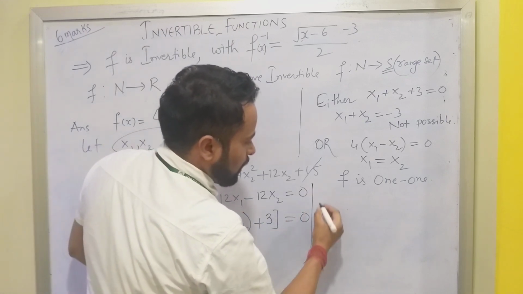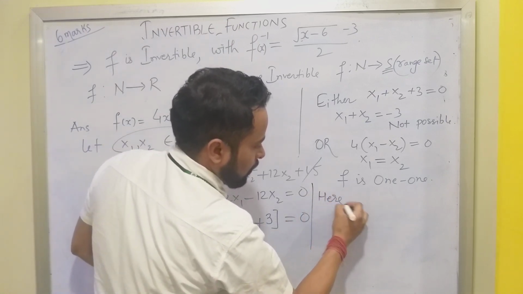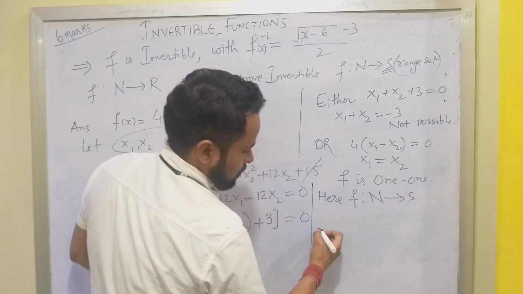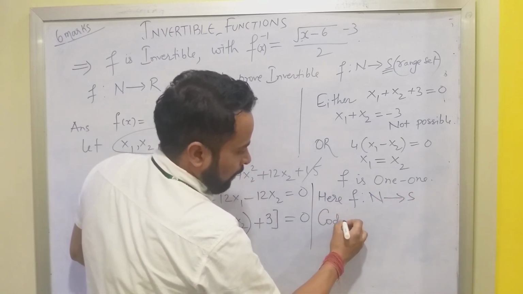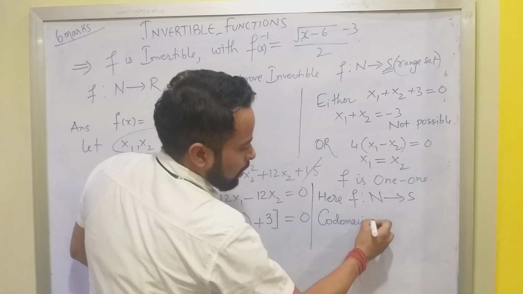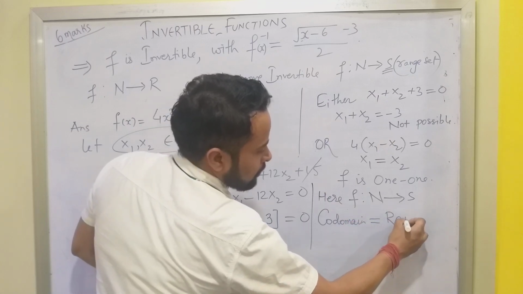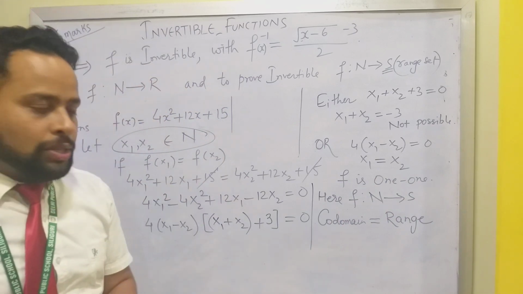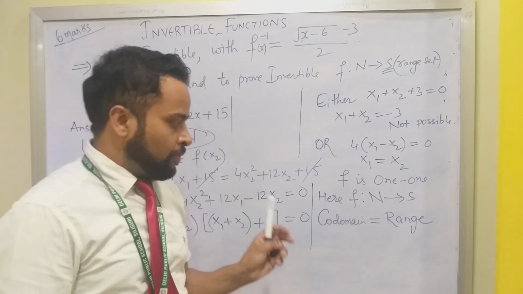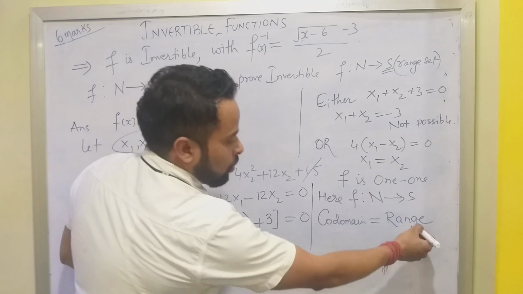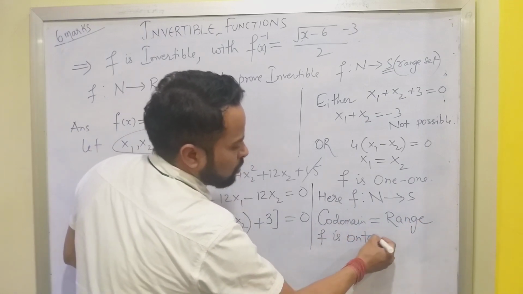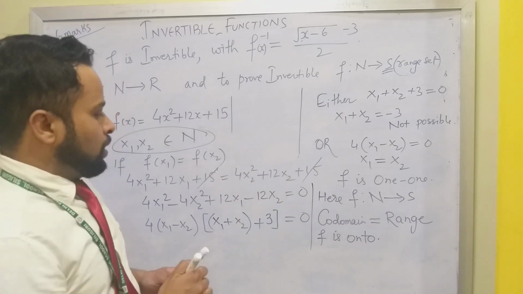You can simply write here f is mapped from N to S, codomain is equal to range. In my definition in the previous video class, codomain equals range, f is onto. No need to think of any other things.